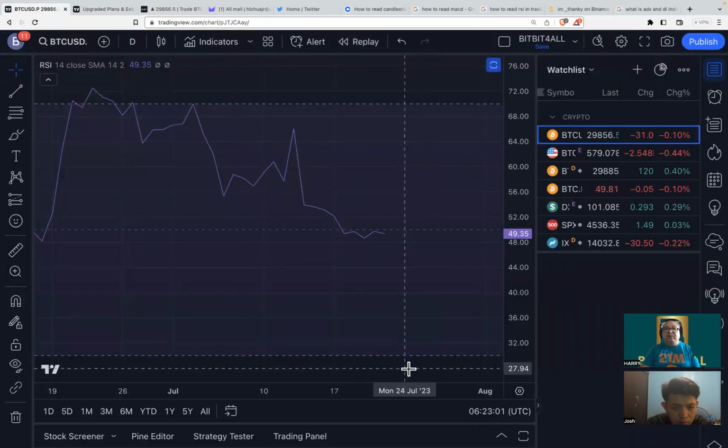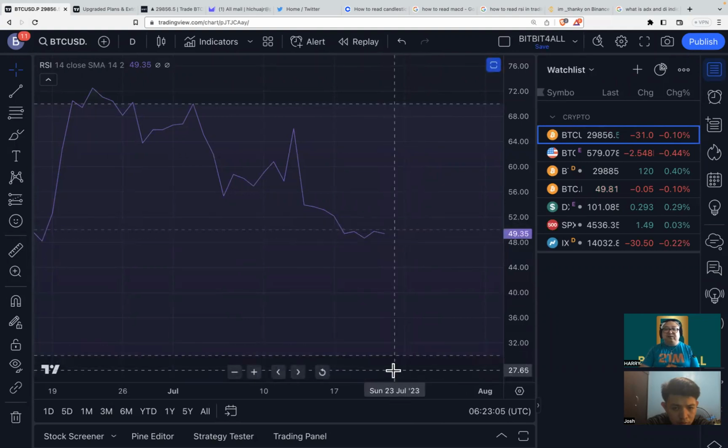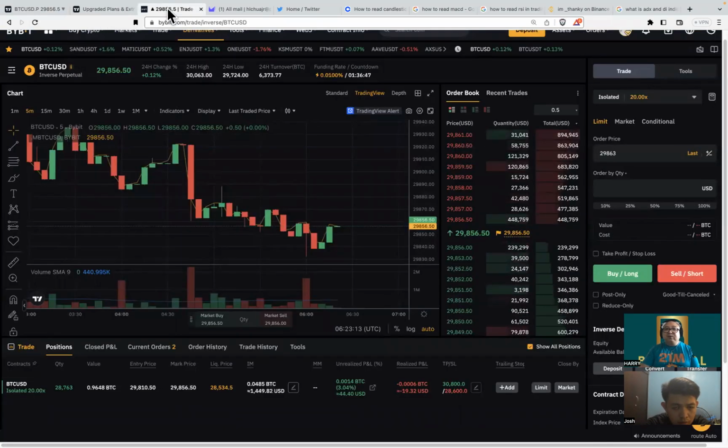So this is just a sample: at 29,850, the RSI is 25. Are you going to enter a position or close this position? Close the position. Enter or sell or close your position? Close, sir. Is that right?